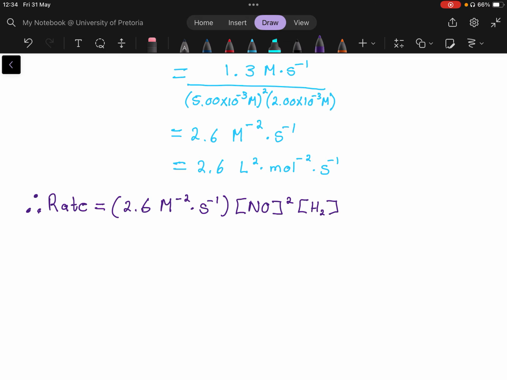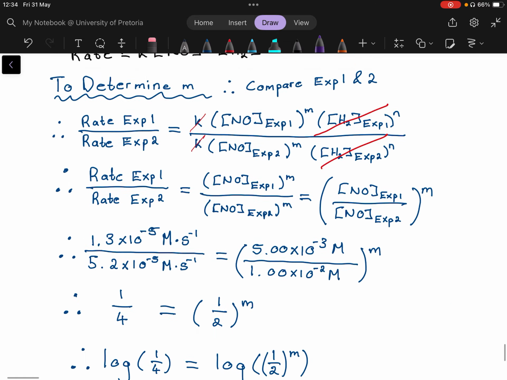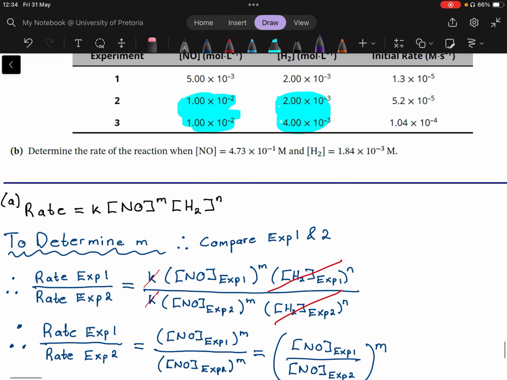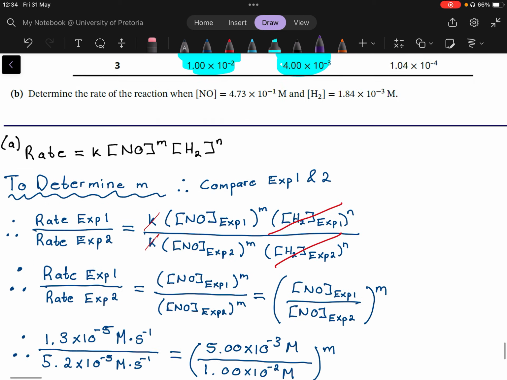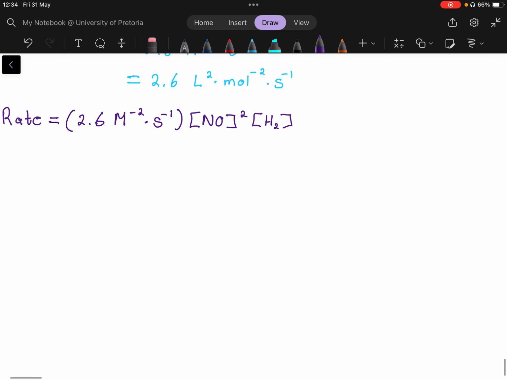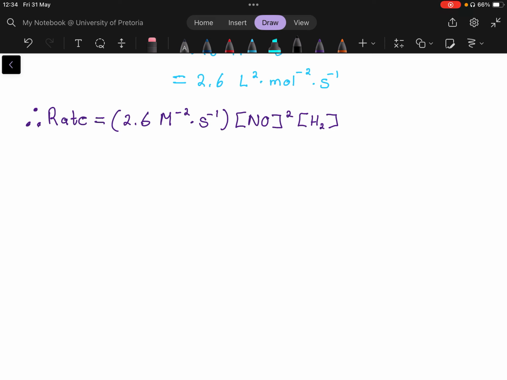So now we've got an expression for the rate, which is useful for the B part because it says determine the rates of the reaction when the concentrations are as given. So basically what you do is you just plug them into that equation that you just derived yourself. So you say B, because that's the B question. It says, therefore, our rate, we just take that equation as written, and equal to 2.6 per molar squared per second.